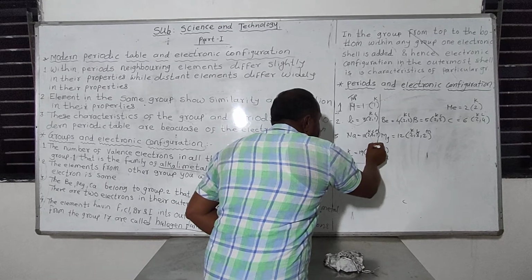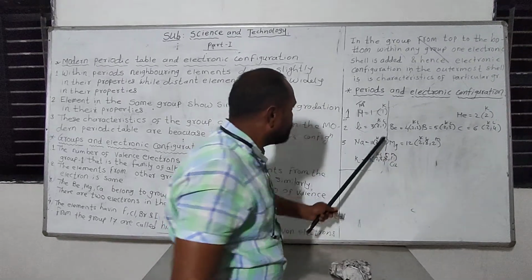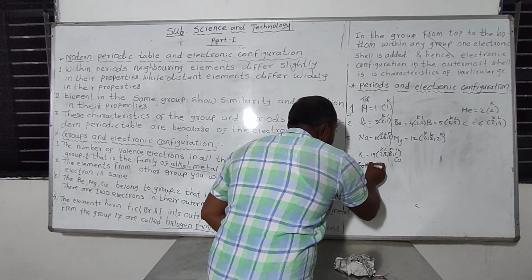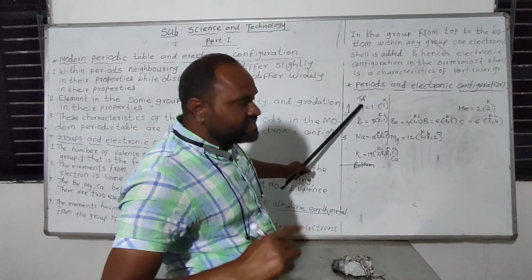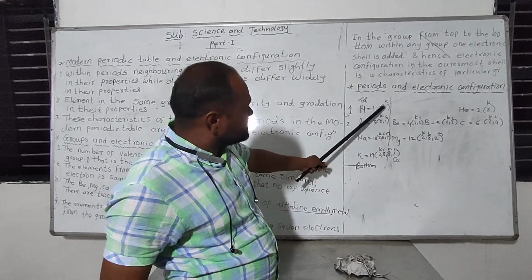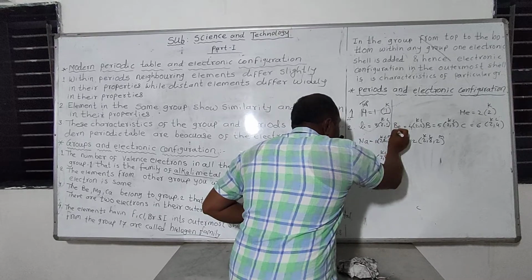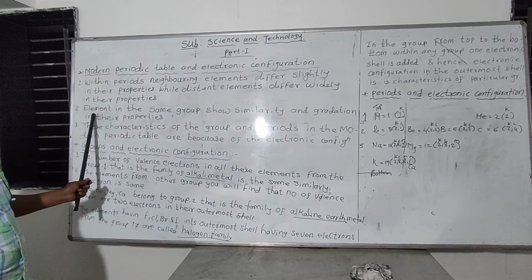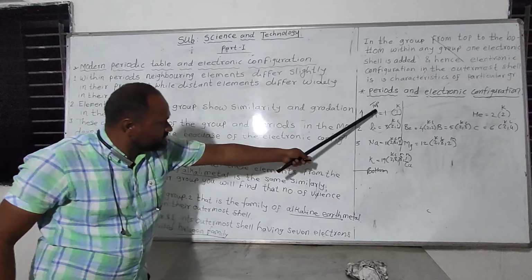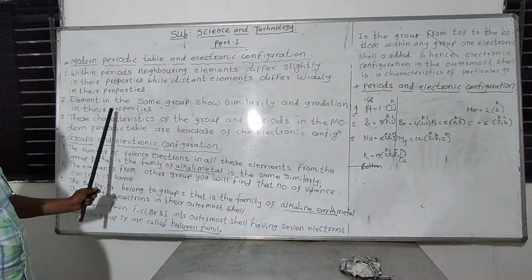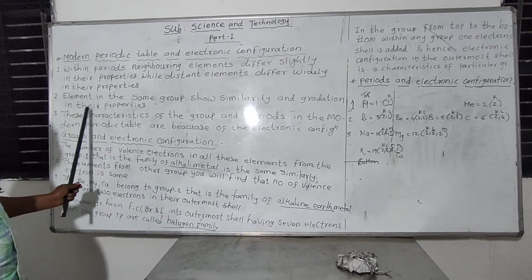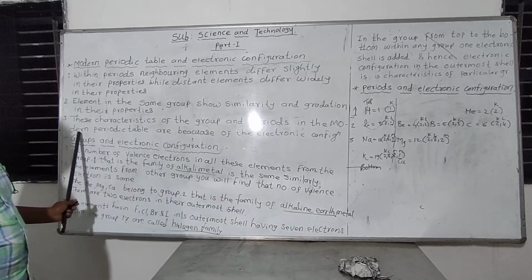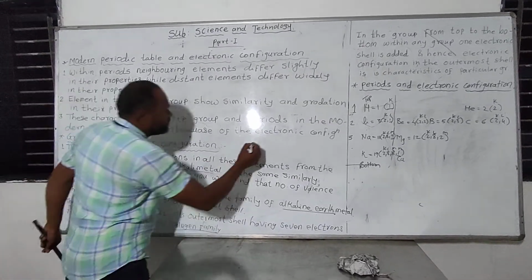How many cells are required? K, L, M and N. So in a group from top to bottom, the number of cells increases by 1, but the outermost cell has 1 electron in each. So elements in the same group show similarity and gradation in their properties, and these characteristics of the groups and periods of the modern periodic table are because of the electronic configuration.